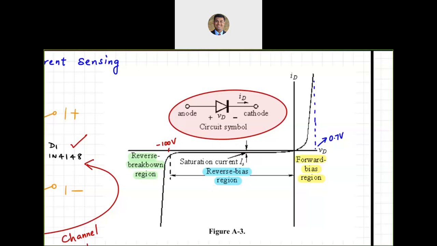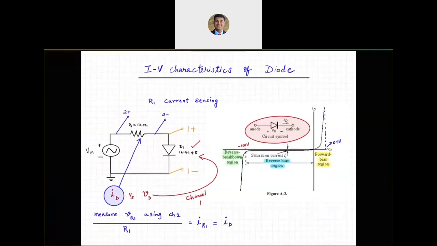Is it going to increase exponentially on the positive side, or is it going to be increasing exponentially on the negative side? Okay, so these are some of the details regarding the current-voltage characteristics of a diode, and as you can see clearly, these are very different from what we have been looking at for the resistor, capacitor and inductor. Okay, so at this point I can take a question.